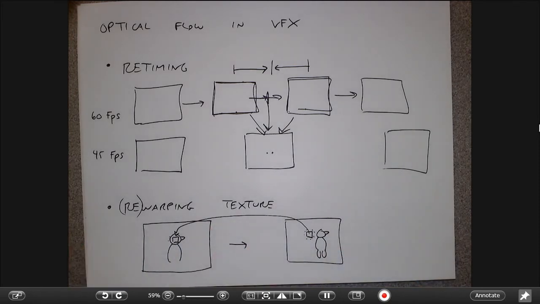So I can estimate what the pixel flow is around where I want to put the texture back in, and then I can push those flow vectors back over into the image to put down the texture in the right place, right? So this kind of moving pixels around based on optical flow is also a very common thing to want to do, okay? So I think those are the two main reasons that you would want to do flow.